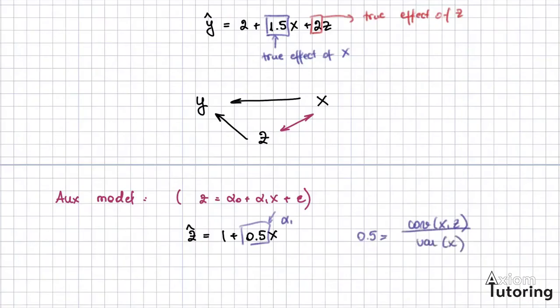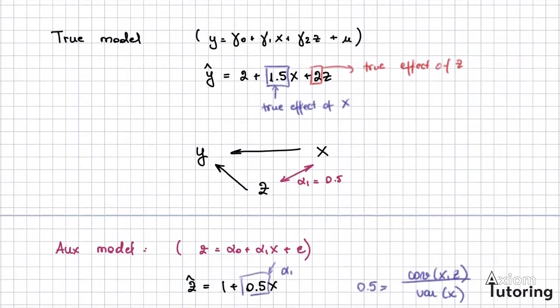Again, using the definition of a beta in general, this auxiliary regression coefficient is the slope from regressing z on x. So it connects the correlation structure directly to the bias. At this stage, we know that this is my alpha 1, which is 0.5. From the true model, I already know that my gamma 2 is 2, the coefficient in front of z.